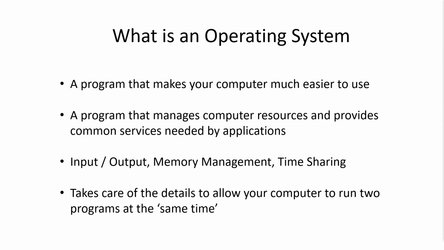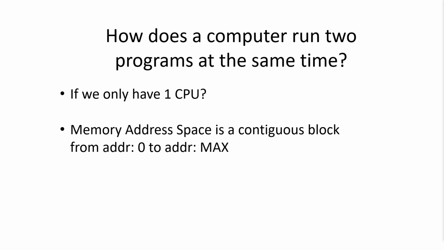So the operating system takes care of the details of allowing my computer to run two or more programs at the same time. Really, the two topics from operating systems that apply to what we've been talking about all semester are basically running two programs at the same time, considering that we may only have one CPU with one core, like older computers would.